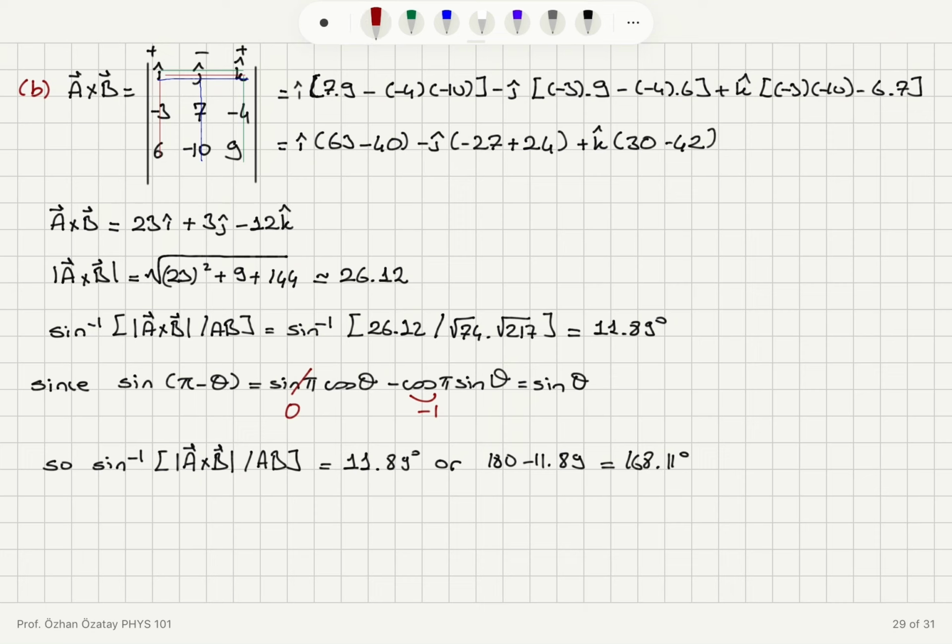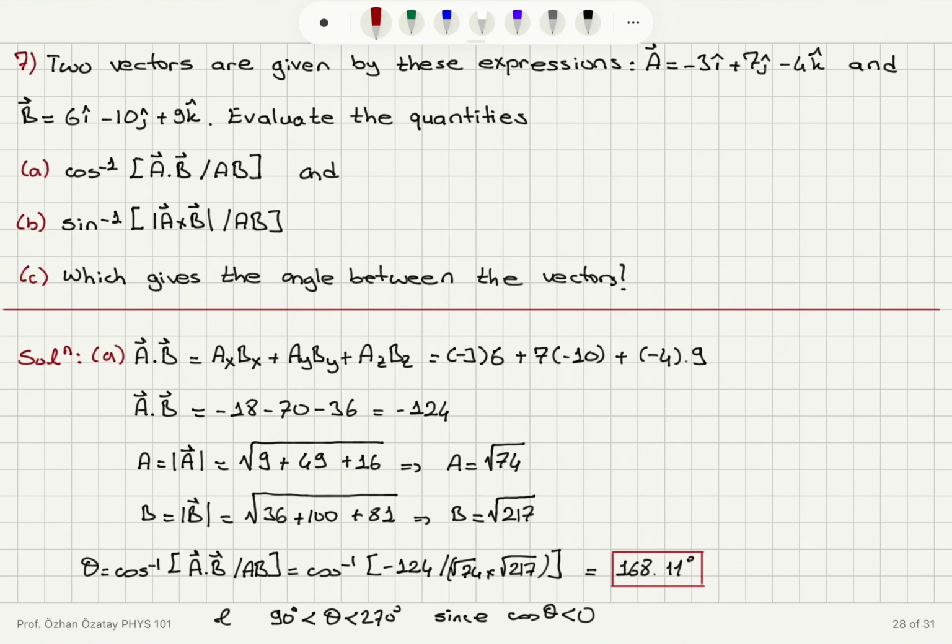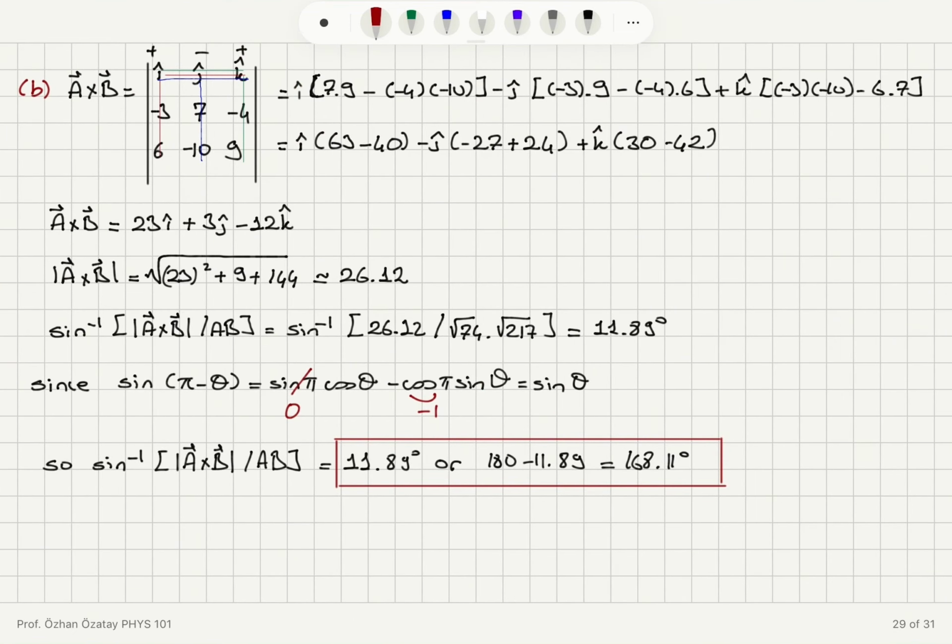So it's not clear which one we should pick, but in doing the dot product, since I have seen that the angle has to be between 90 and 270 degrees because the cosine has to be negative, I have to pick this answer.